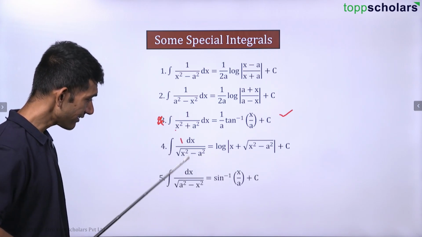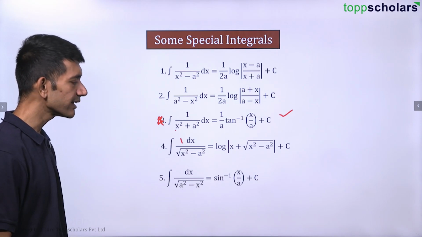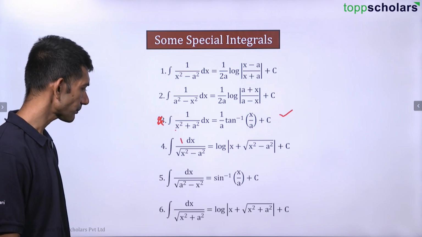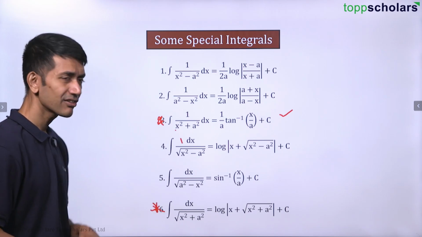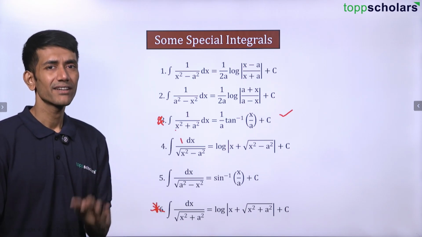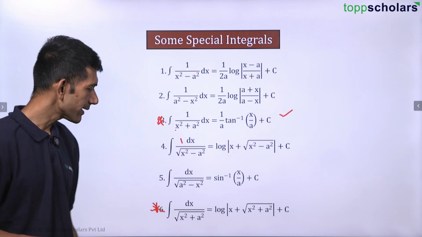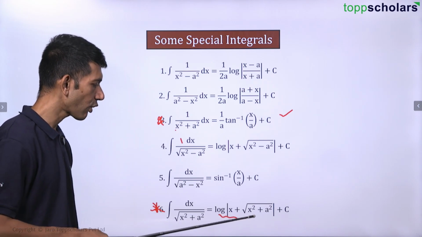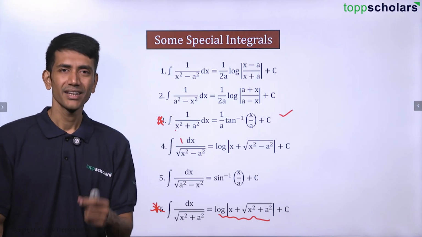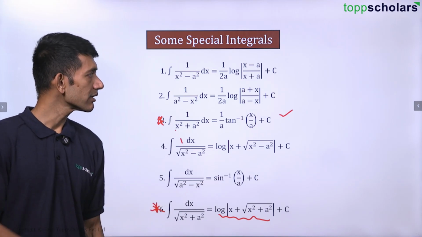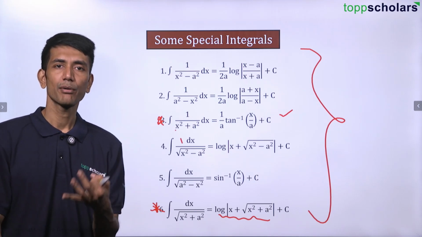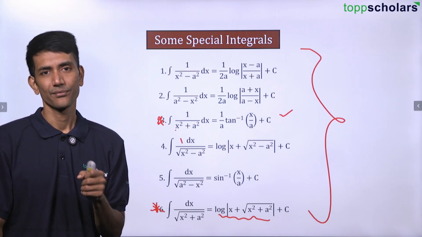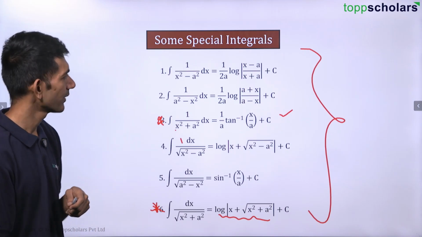If you have a square minus x square, that is sine inverse of x by a plus c. And for a square plus x square or x square plus a square, in both cases you will have log of x plus under root x square plus a square plus c. So please make a note of all these formulae because we are going to have ample problems based on this. Clear? Okay.